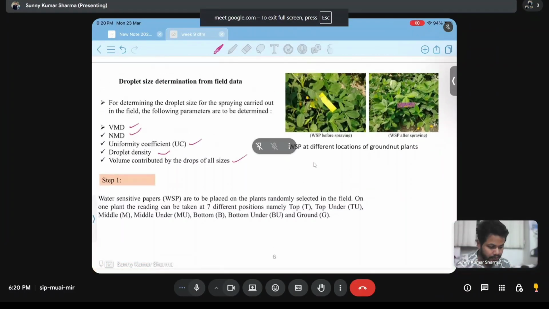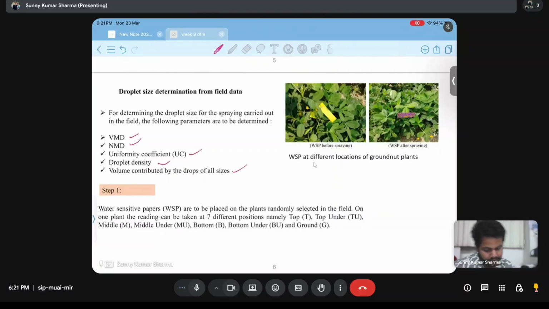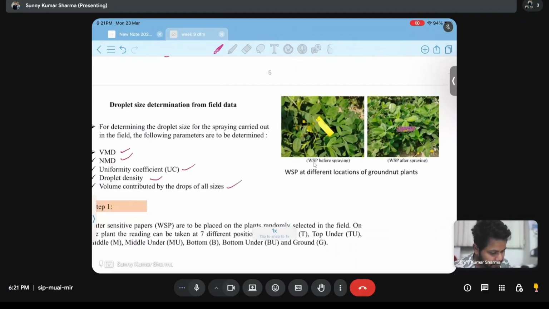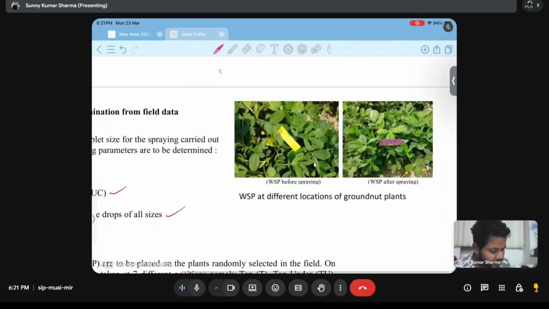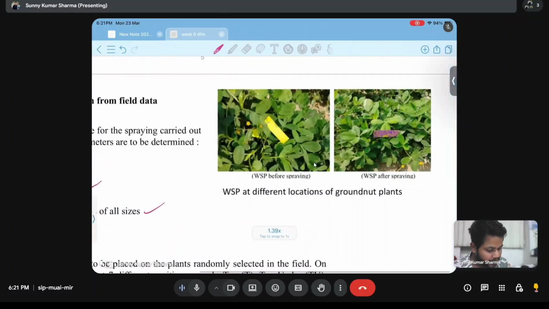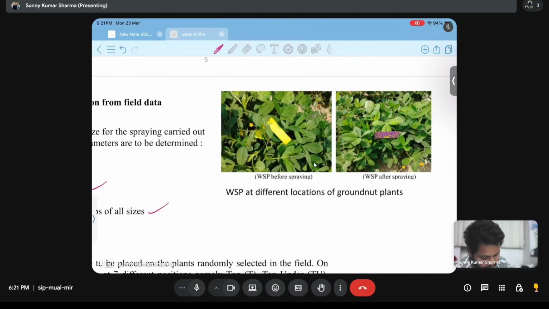For determining these parameters, we place water sensitive papers on the plants. Mainly it is placed at seven different places. Suppose this is one plant.